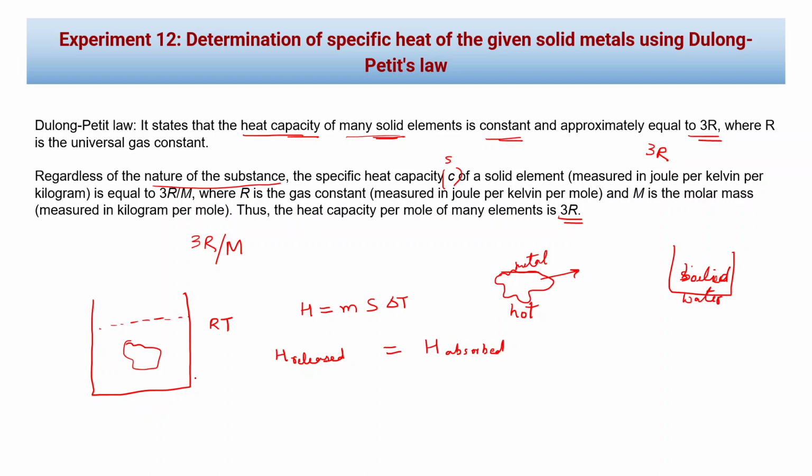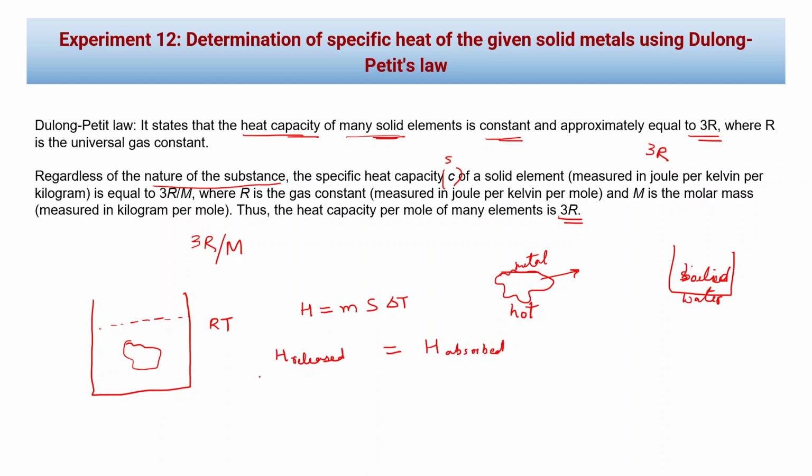Both the calorimeter container and this water will be absorbing the heat, and the metallic body, which was hot, will release the heat. The amount of heat released by this body will be the same as the heat absorbed by this calorimeter plus water.